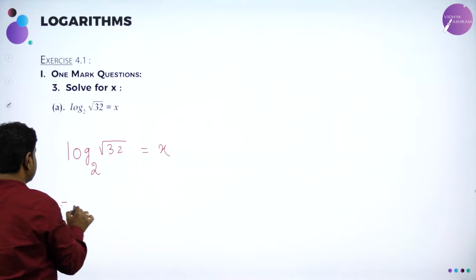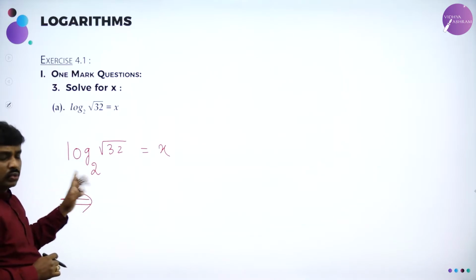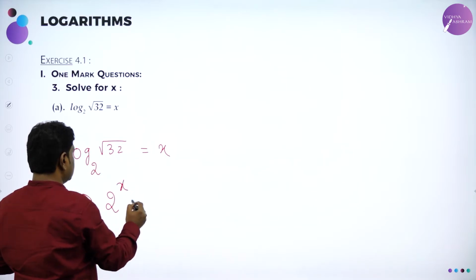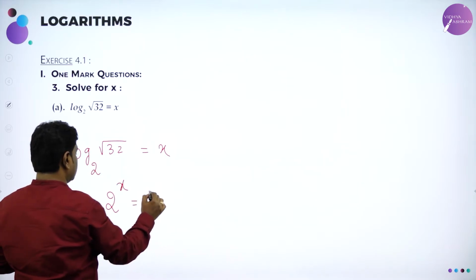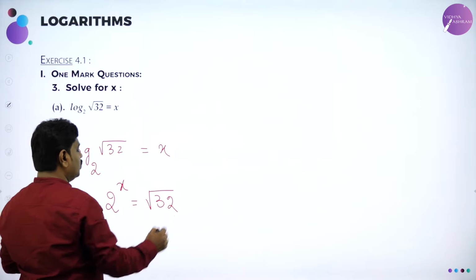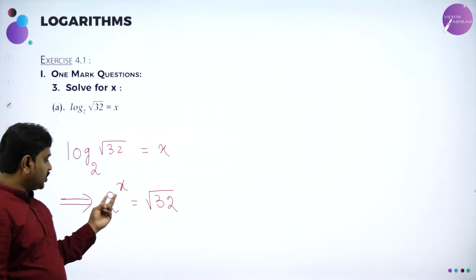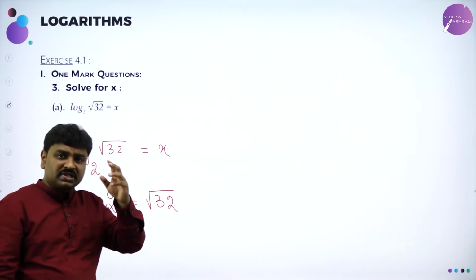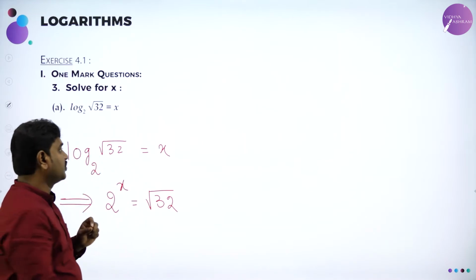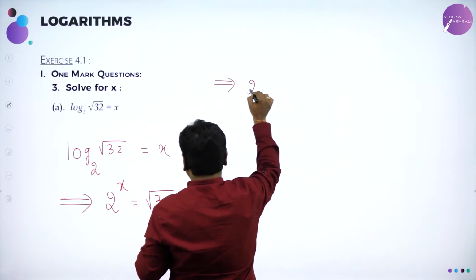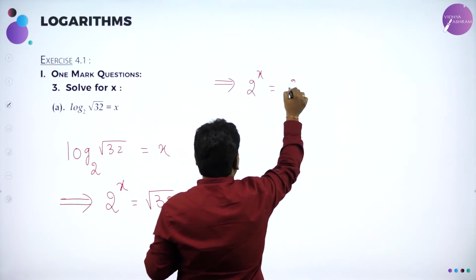This can be written as, what is the base here? 2 power RHS. What is RHS? X is equal to LHS root 32. Now law of indices. If I want x, I should make bases same. If bases are same, we can equate the powers. So here that is 2 power x is equal to 32 power half.